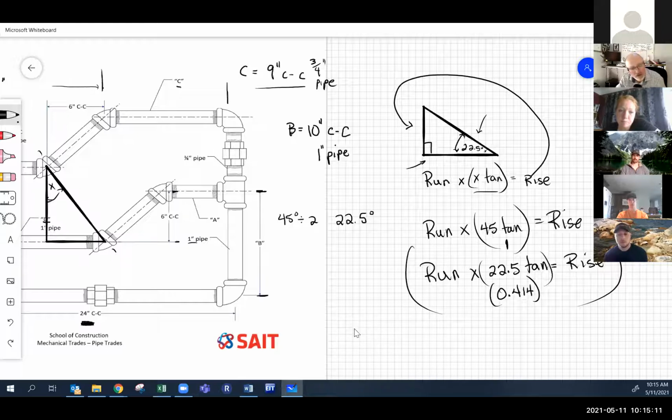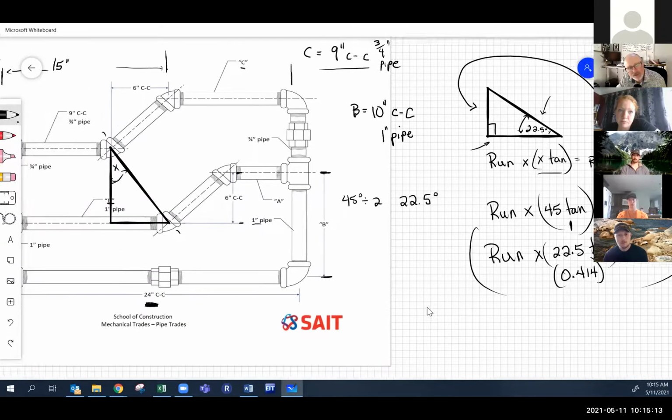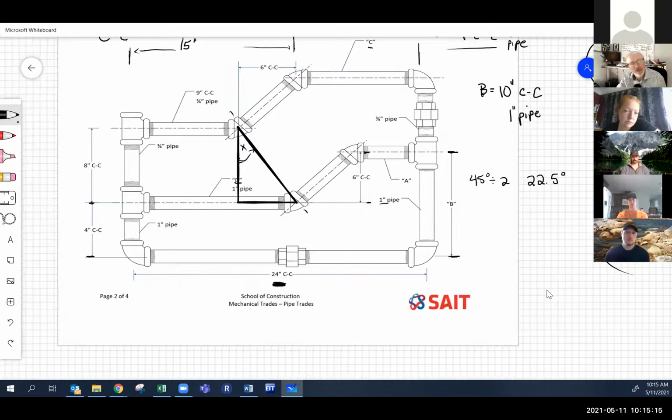So now I'm going to go back to my picture. And as you can see, I'm going to highlight this in a different color. Do you see the run? Oh, let me just get a different color. Do you see the run right here? You see that run? How long is this run right here? Everybody see that run? 8.